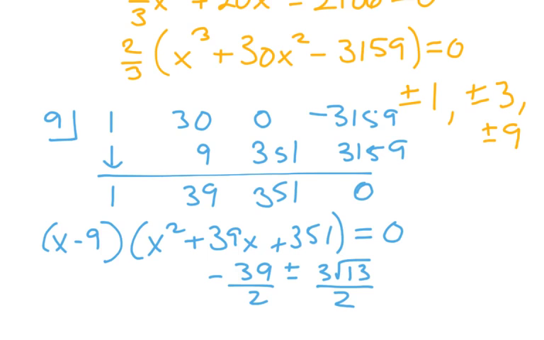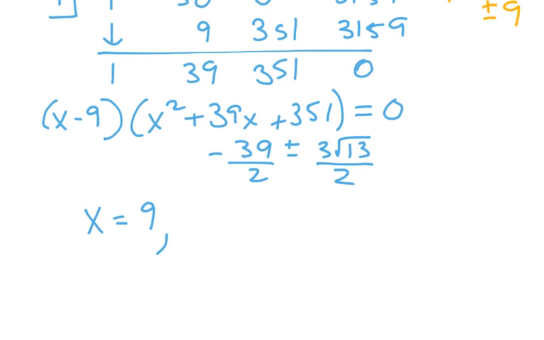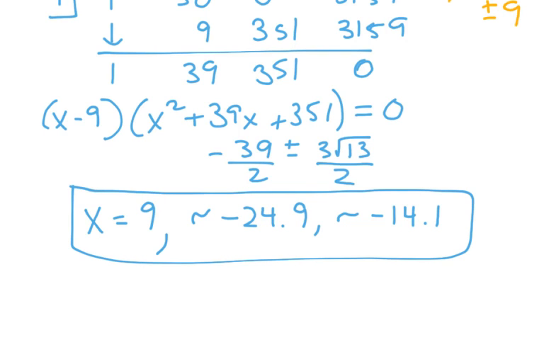So my solutions are 9, and if I put these in a calculator, approximately negative 24.9 and approximately negative 14.1. And those are my solutions. I went through this a little quickly, but I wanted you to mainly see how to set it up, not so much grapple with the numbers. Okay, see you later.